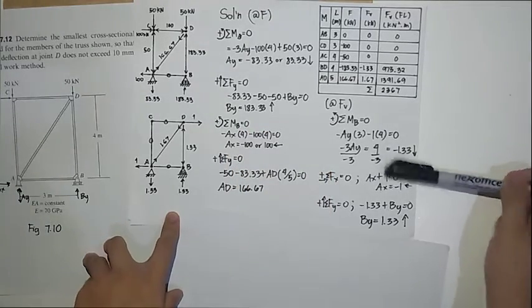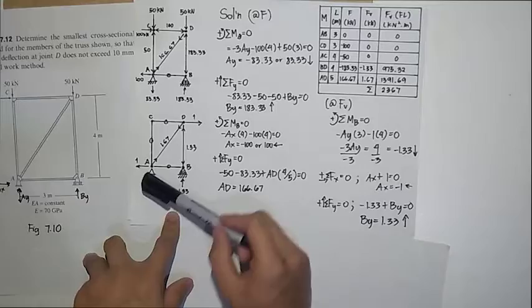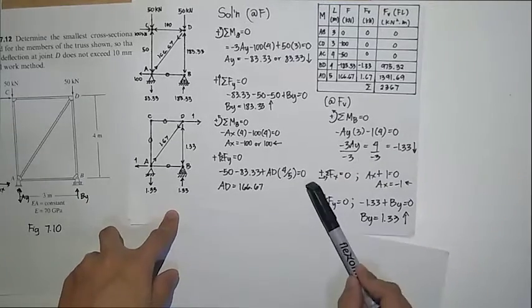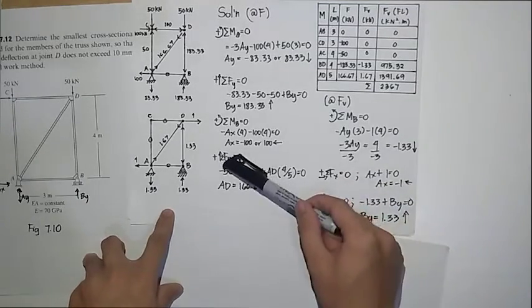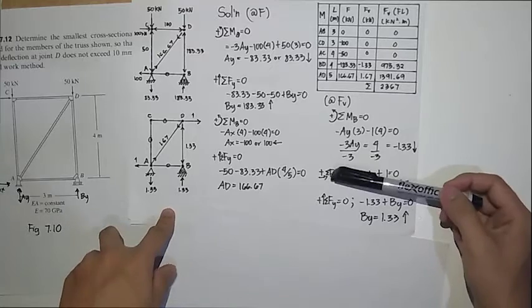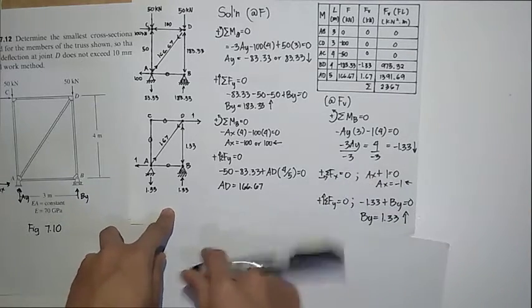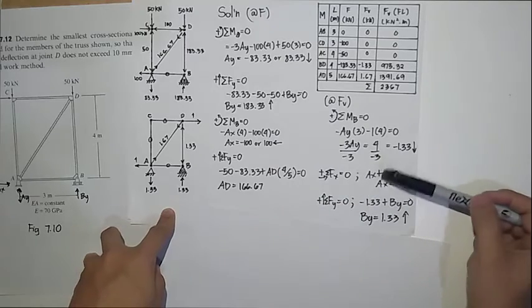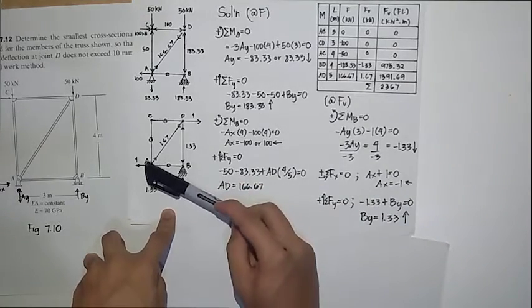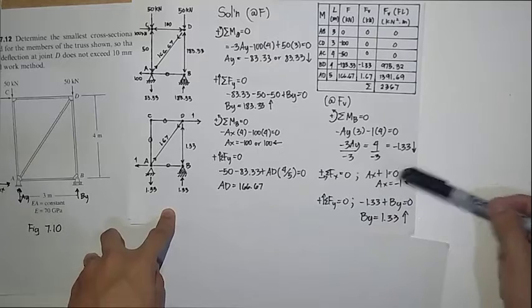Next, we will find AX. Same as before in the FY, summation of all the forces in X equals 0, where positive is going to the right. So, AX plus 1 equals 0.